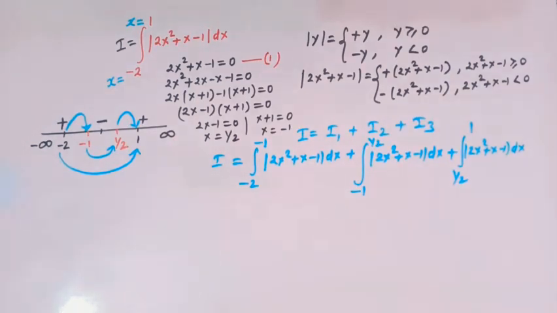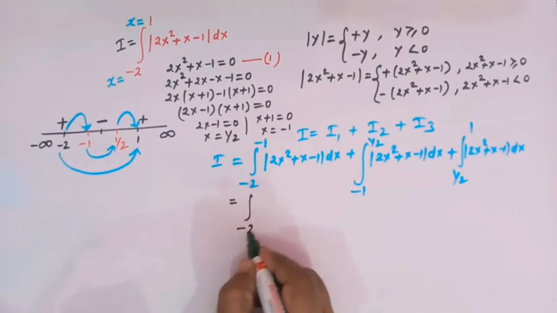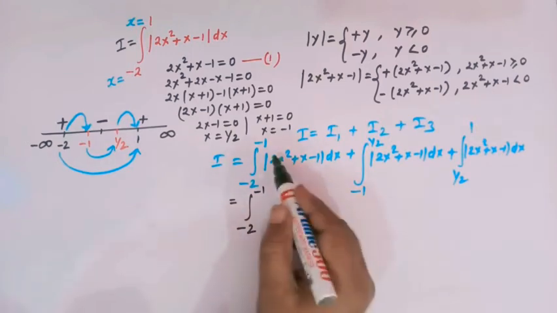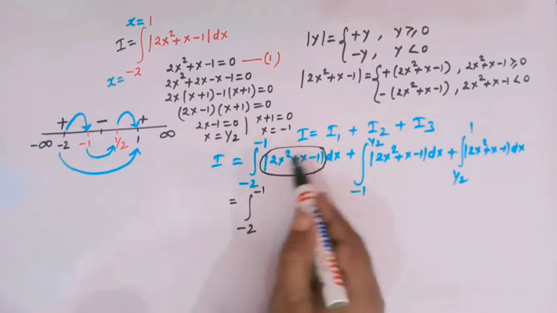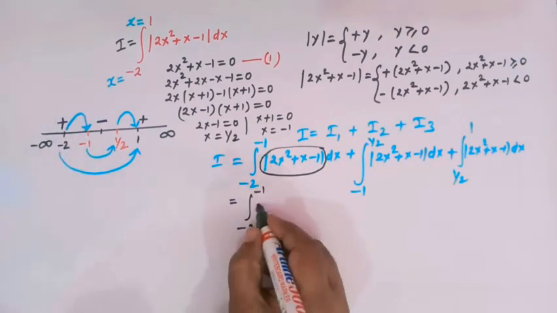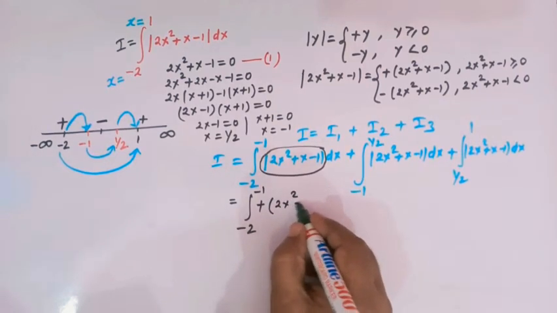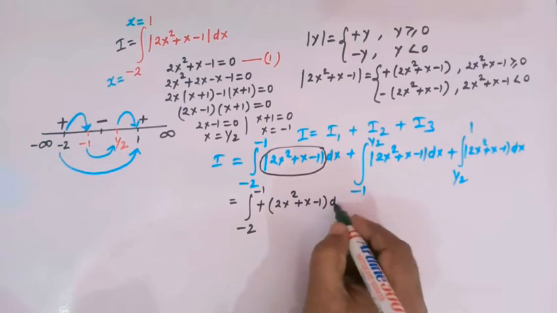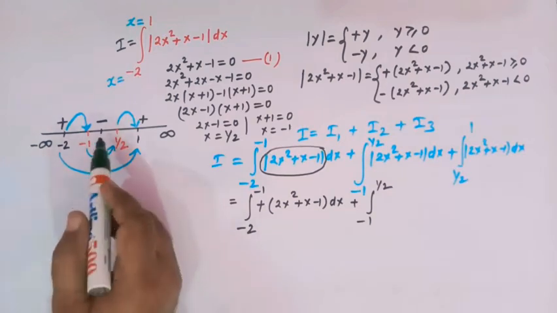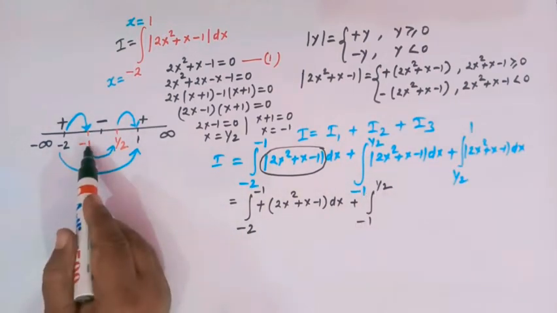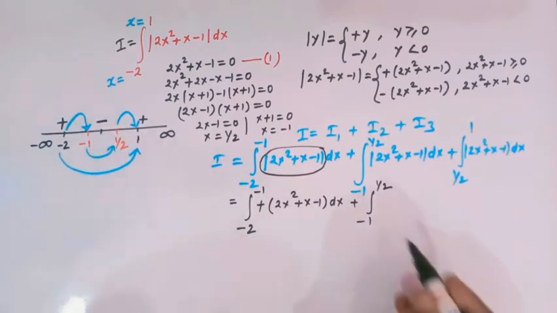Okay, so now see here this can also be written as -2 to -1, and the sign of this expression is positive here, so here we have plus 2x square plus x minus 1, right? And here we have -1 to half, and when x lies between -1 and half, we have the negative sign, right?